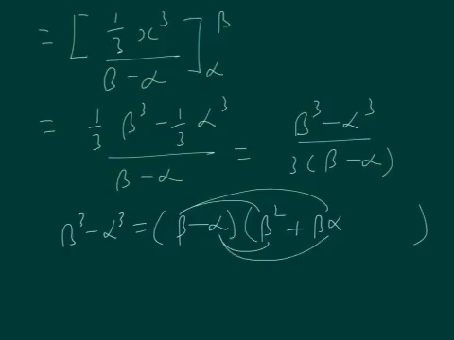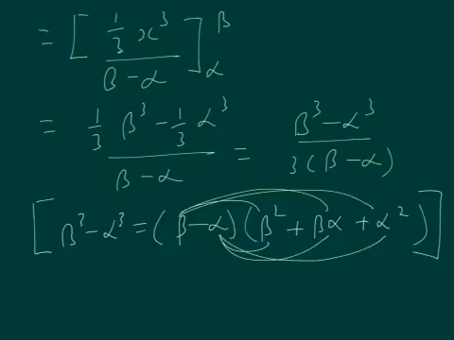But that gives us minus beta alpha squared, so we must have here a plus alpha squared to give us plus alpha squared beta. And then as a check, we've got our minus alpha cubed. So let's put this in a bracket and carry on with our proof. Beta cubed minus alpha cubed over beta minus alpha, we can see it's this divided by this, which leaves us that. So that's beta squared plus alpha beta plus alpha squared, all over 3.